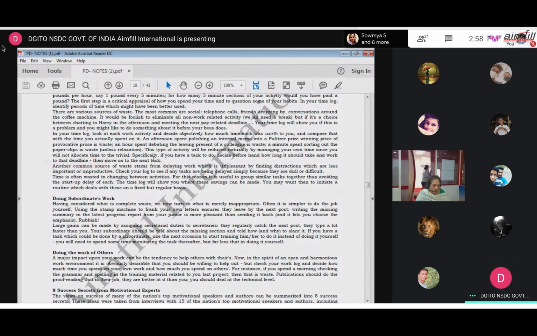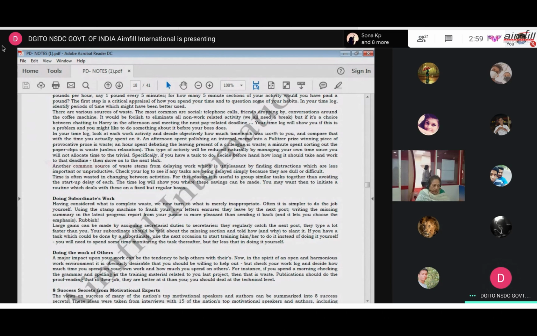Ratio, 80 is to 20. 80% of unfocused effort generates only 20% of results.